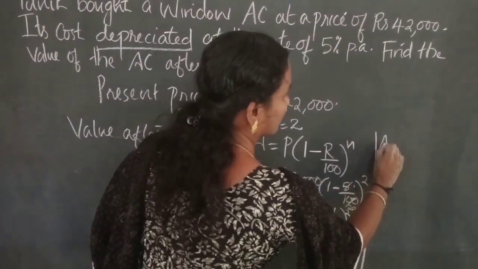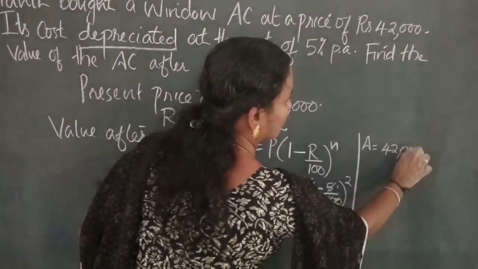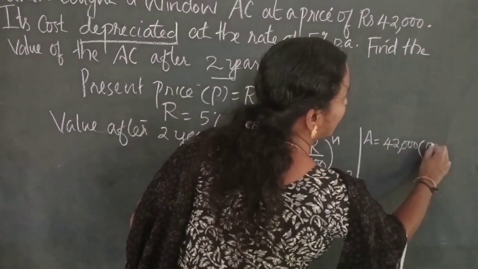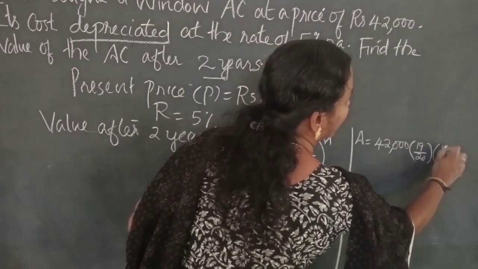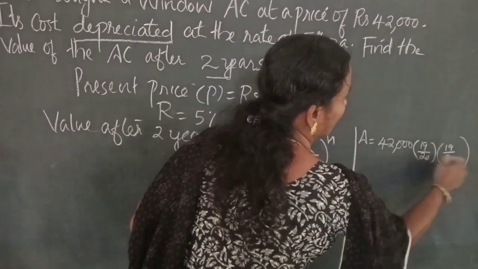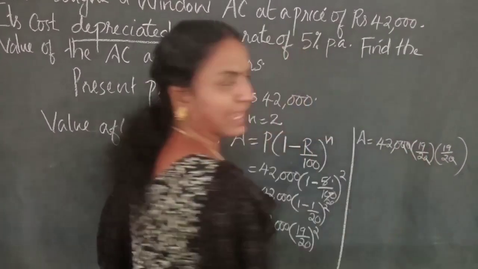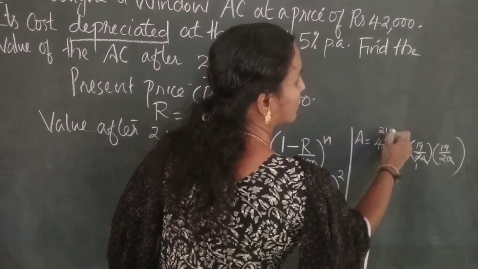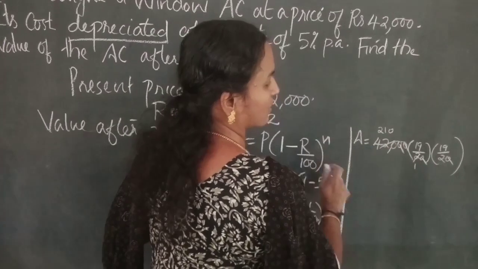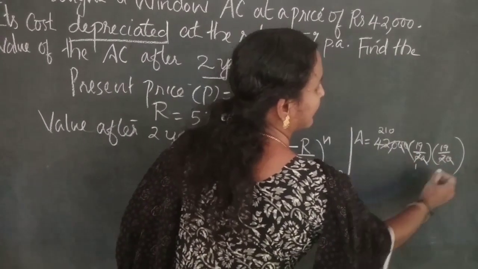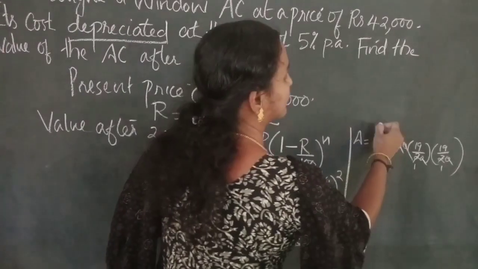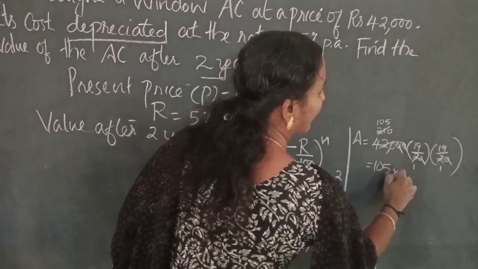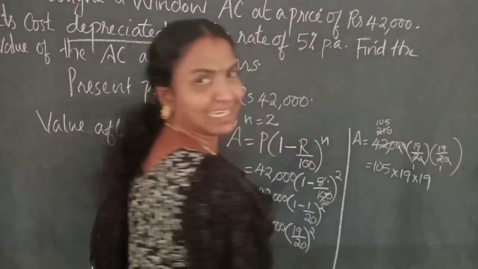So A is equal to 42,000 into 19 by 20 the whole square, means 19 by 20 into 19 by 20. 0, 0 cancel, 0, 0 cancel. Then 2, 1, 2 is 2. Here 2 2s are 4, 1, 2 is 2. 1, 2 is 1 and 0. Again 2 and 210, 1, 2 is 2. Here 10 2s are 20, 5 2s are 10. So 105 into 19 into 19.